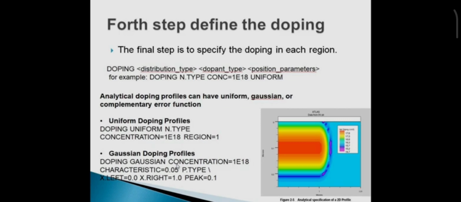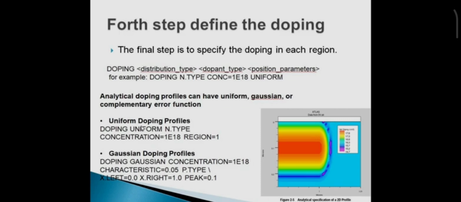Doping Gaussian concentration equal to 1E18, characteristic equal to 0.05, p-type, x.left 0.0, x.right 1.0 and peak 0.1. The first doping statement specifies a uniform n-type doping density of 10 to the power 18 per centimeter cubed in region 1, that was previously labeled as region 1.